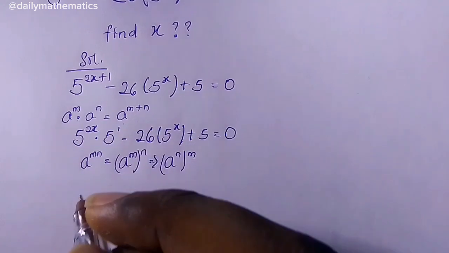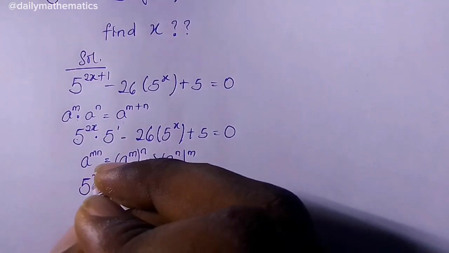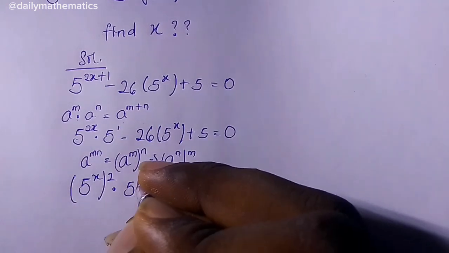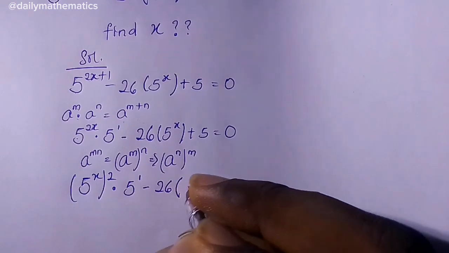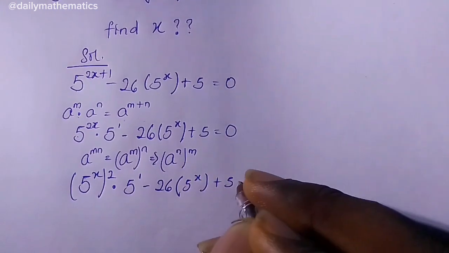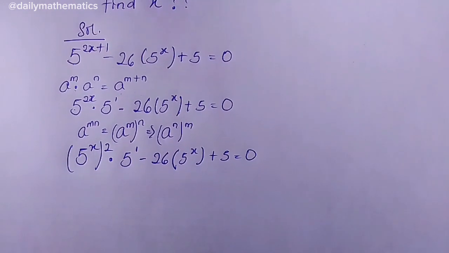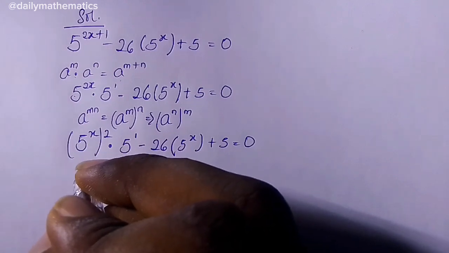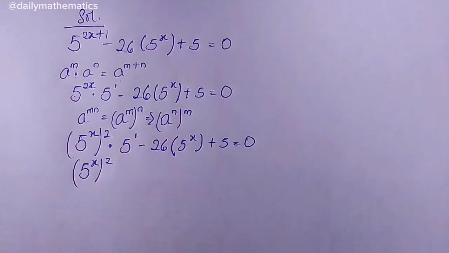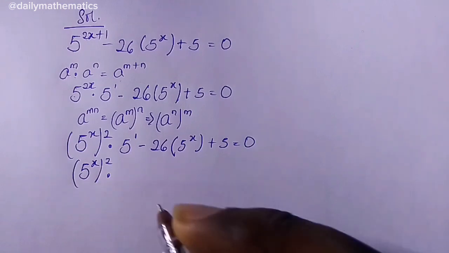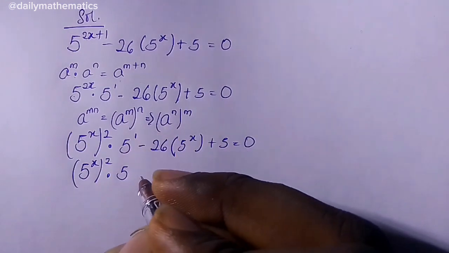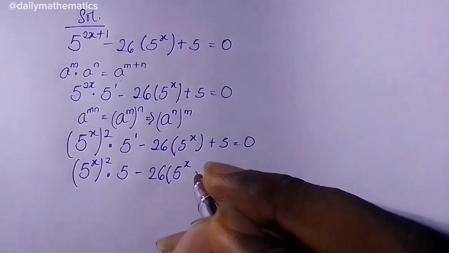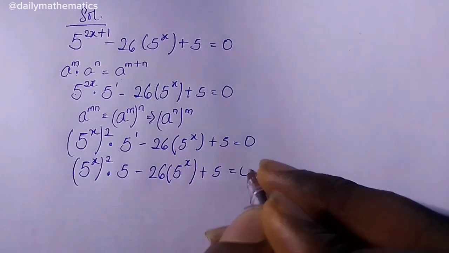We turn this to 5 raised to the power of x multiplied by 2, that is, 5 raised to the power of x all squared, multiplied by 5 raised to the power of 1, which is 5, minus 26 multiplied by 5 raised to the power of x, plus 5 equals 0.